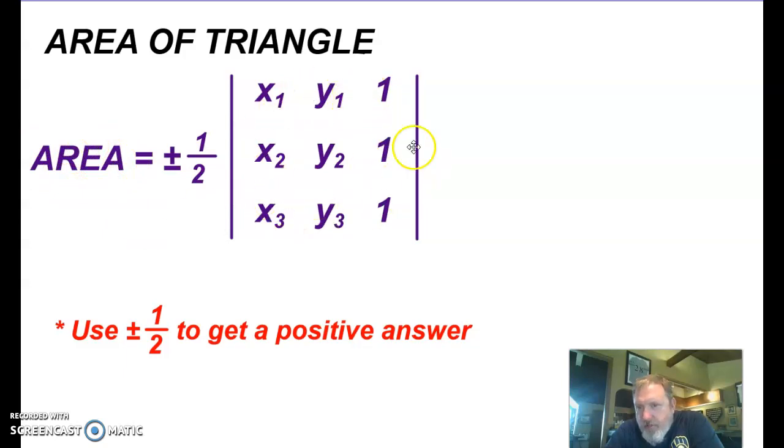So if your determinant is negative, multiply by negative 1/2. If your determinant is positive, multiply by positive 1/2. Whatever one you need so that your final answer is positive, and that will give you the area of a triangle. So especially if you have a non-right triangle and you don't have a way to find the altitude, you can take the 3 points, plug them in a matrix, do the determinant, multiply by 1/2, and you're there.